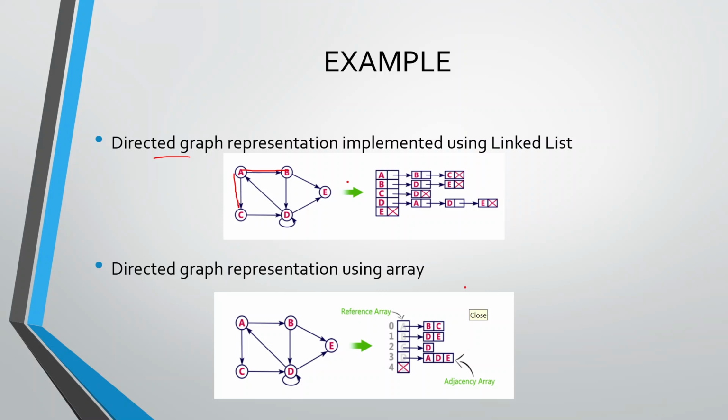Then from B, B to D, B to E. These are the adjacencies. Then C to D. D to A, then D to E. Then from E, we don't have any out degree, so it is null.